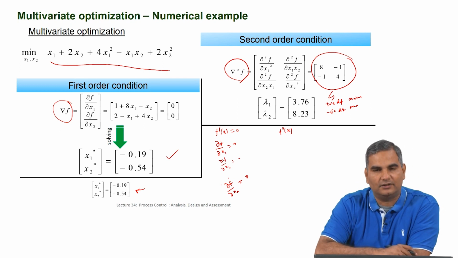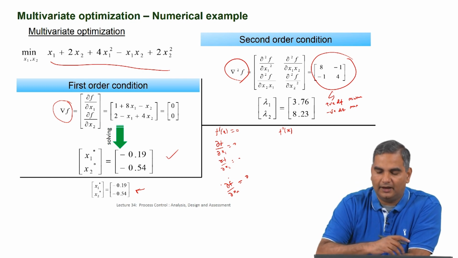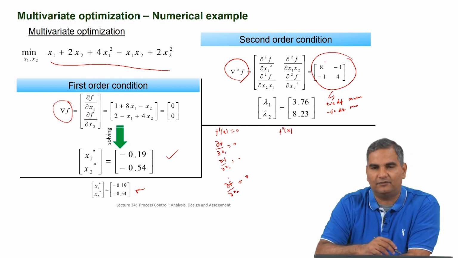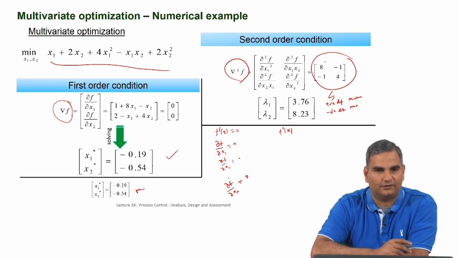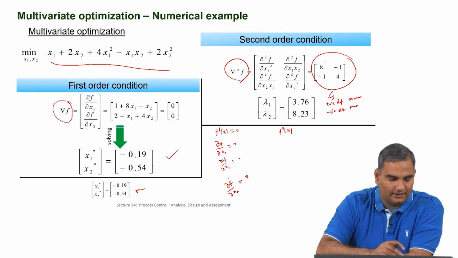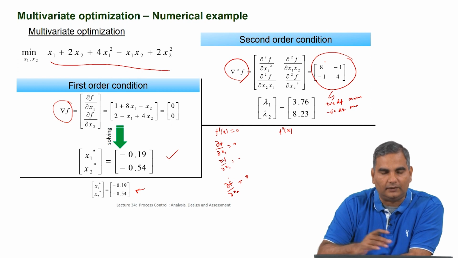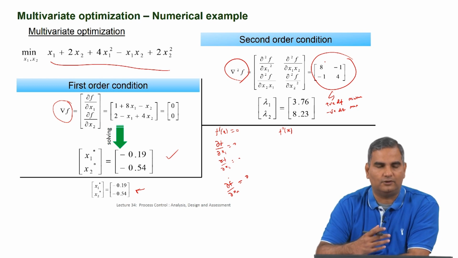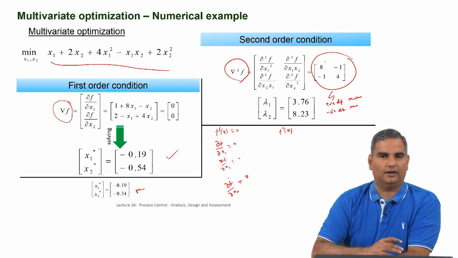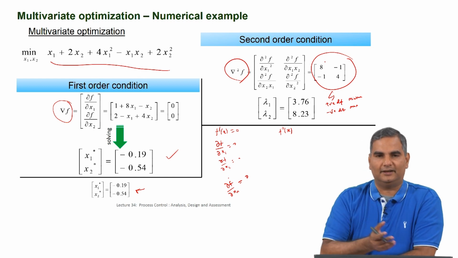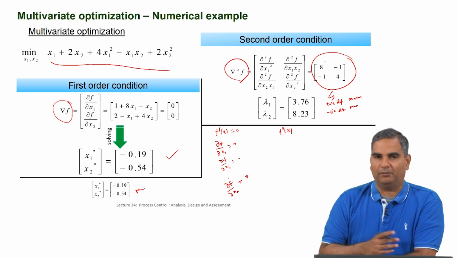Once I find a solution, whether it is a maximum or minimum point, I have to figure out by doing a Hessian and then finding out whether it is positive definite or negative definite. You do not have to worry about this; you simply have to understand that once I have a solution, there is a way to find out whether it is a maximum or minimum, and any software program that you use to solve these optimization problems will be able to do this computation and tell you that this point is a maximum point, minimum point and so on.